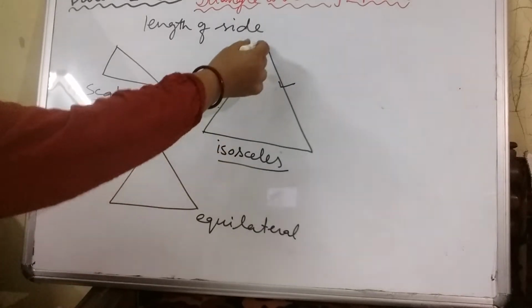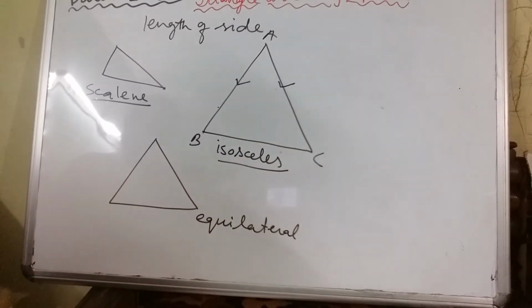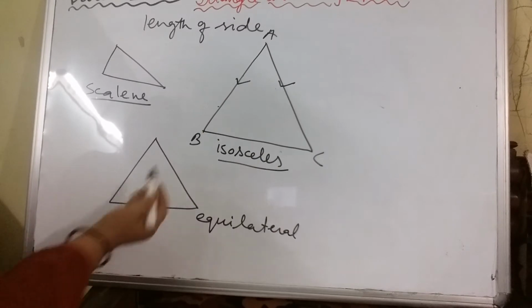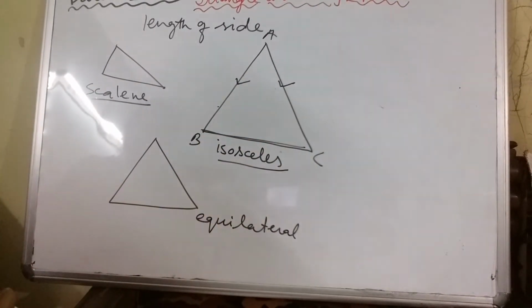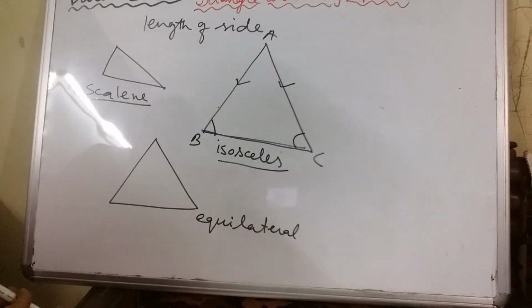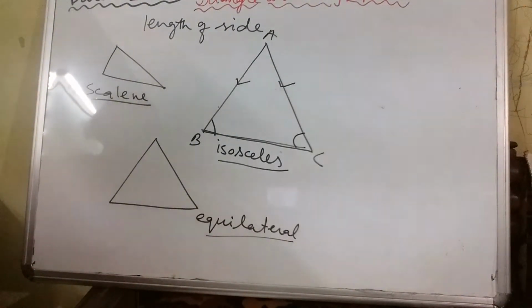Say this ABC is an isosceles triangle, its AB equals AC. This BC is called the base, and this angle ABC and this angle ACB are also known as base angles. If all the three sides are of equal length, that triangle will be known as an equilateral triangle.